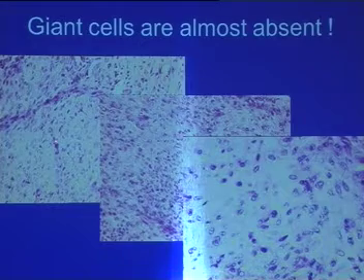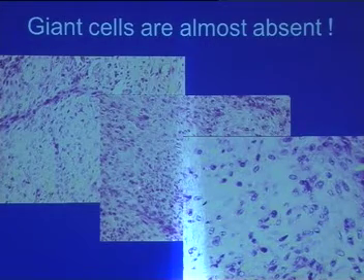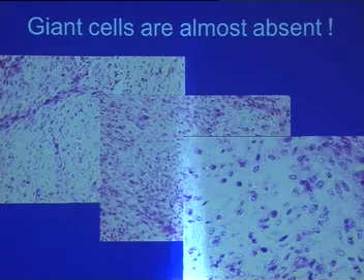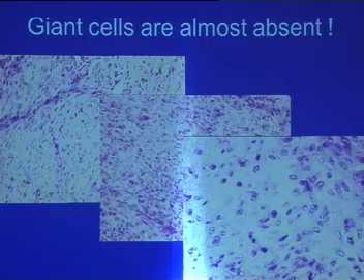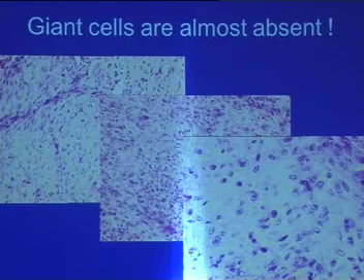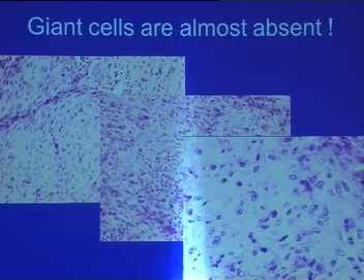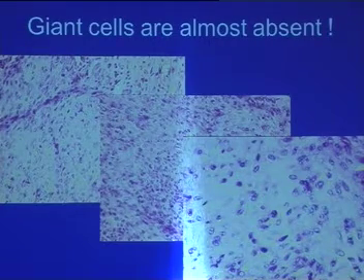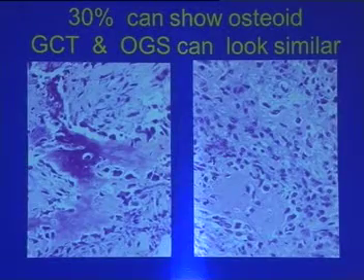So here, when you have this kind of an appearance with hardly any giant cells, and the cells look rather ovoid rather than spindly, and there is some amount of matrix, then in a core needle biopsy, I do have a level of difficulty in distinguishing a giant cell-rich osteosarcoma or an osteosarcoma from a giant cell tumor. So if the X-ray is typical, it bails me out.